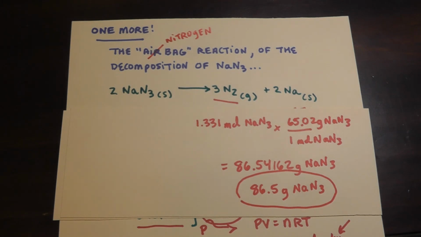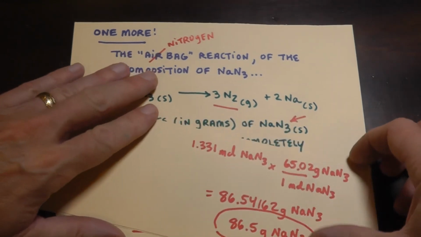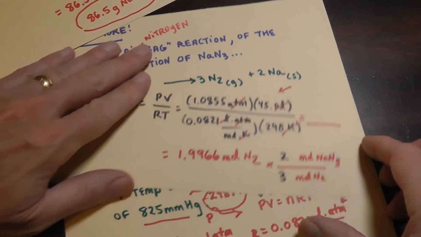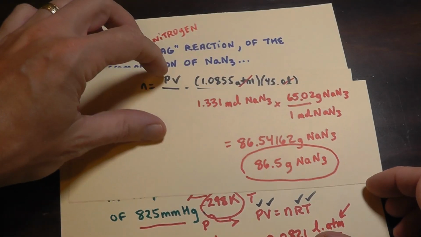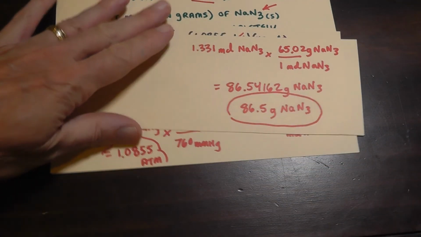And so some engineer, and you folks might work on problems very similar to this someday, had to figure out what amount of starting material would produce 1.996 moles of nitrogen, and back calculate how much that was.